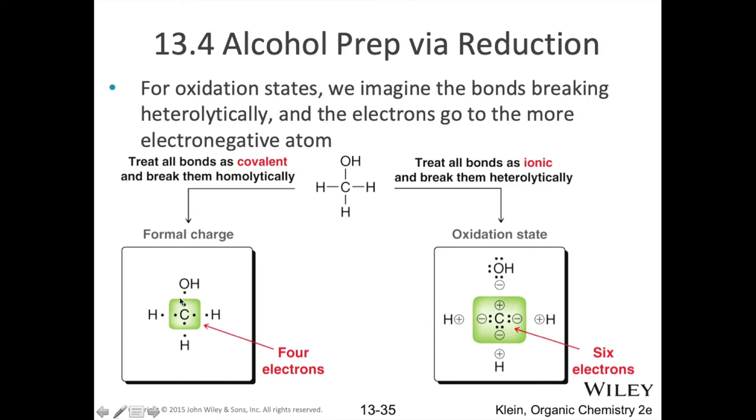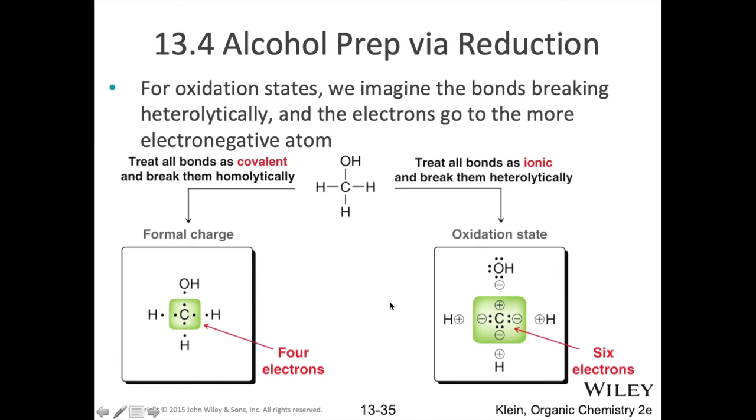We split them homolytically. We can see the 4 valence electrons that the carbon has, and each of the 1 valence electrons the hydrogens have, and so on, right? You don't see the lone pairs on that oxygen, and of course we haven't split that bond there with the hydrogen, but that would also have an appropriate number of valence electrons.